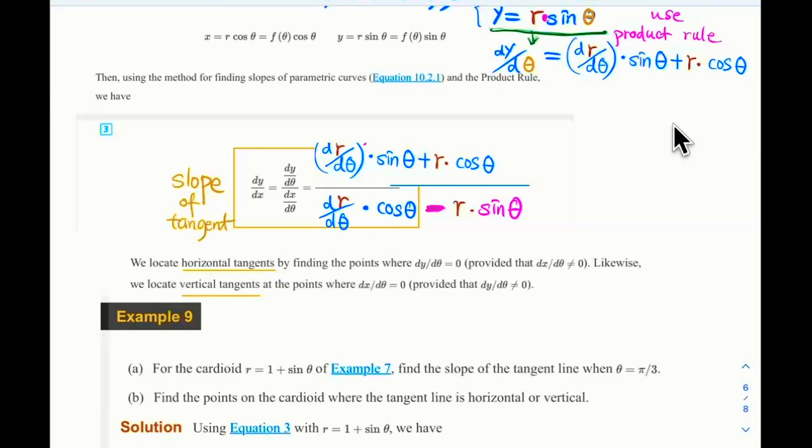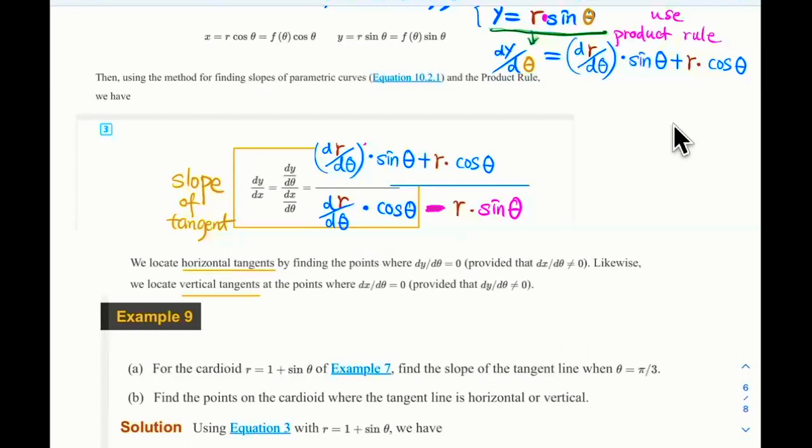So when you have a horizontal tangent, the slope equals what? 0, which means the numerator equals 0 and the denominator does not equal 0, right? What happens when the denominator equals 0, but the numerator does not equal 0? You have 0 under, then what do you get? You get a vertical tangent. Yes, you got it. So this is exactly what happened.